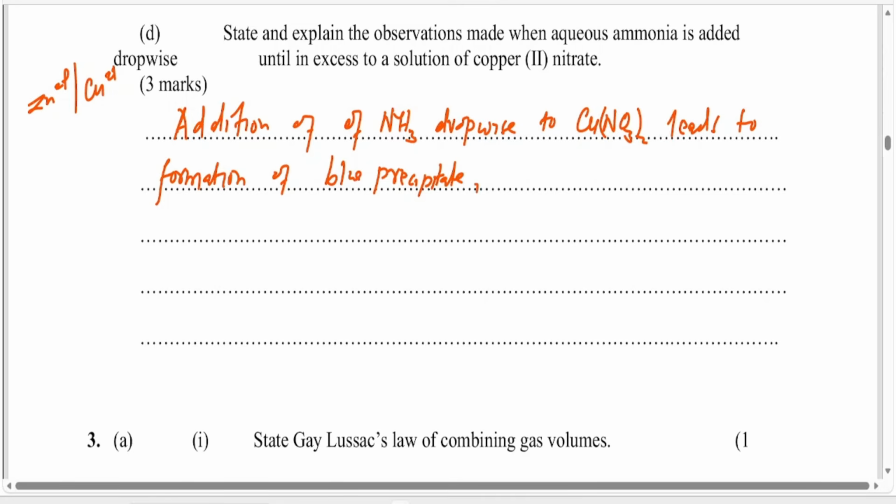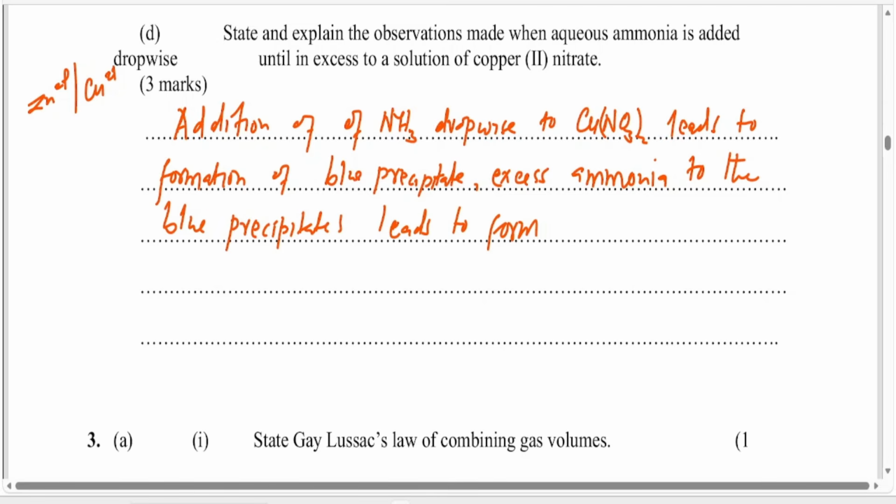Excess ammonia to the precipitate, to the blue precipitate, leads to formation of a deep blue solution.